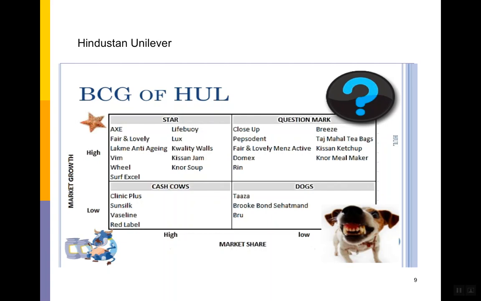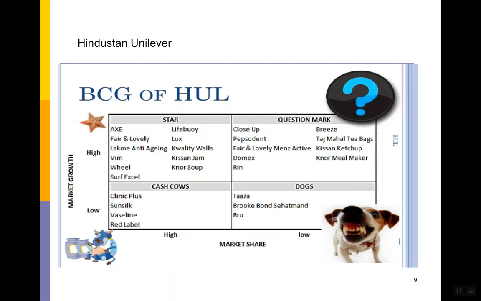Products like Lifebuoy, Lux, Kisan Jam, Wheel, Surf Excel have high growth rate and high market shares. Those are the stars of Hindustan Unilever; these products are in the growth stage of the product life cycle and are leading products in the market of Hindustan Unilever.